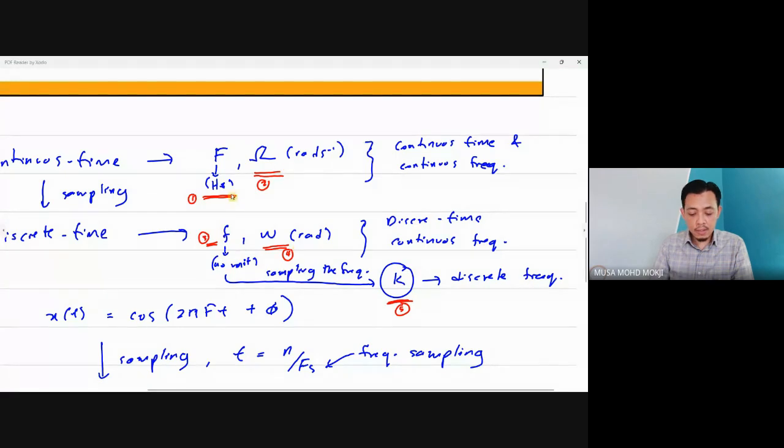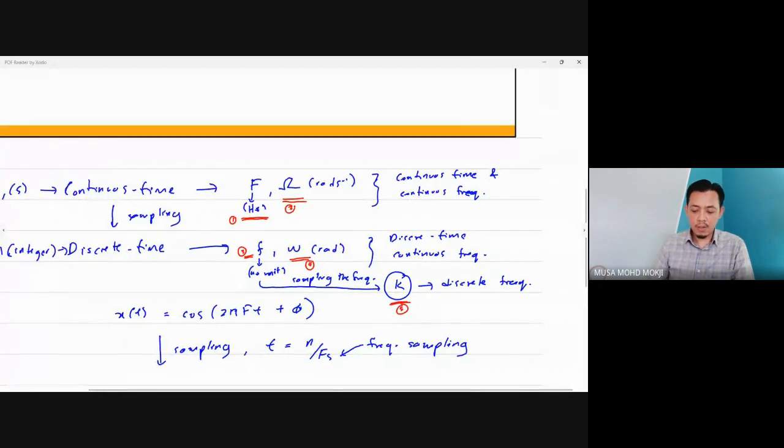And then after we do sampling, because this one is in continuous time, we do time sampling, and you will have small f and small omega. Small f doesn't have any unit because it is a frequency ratio, or sometimes we call it the normalized frequency.